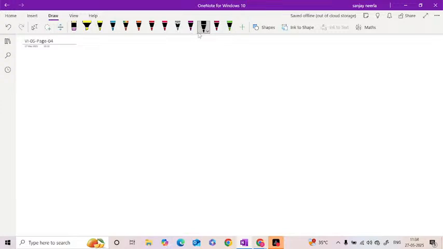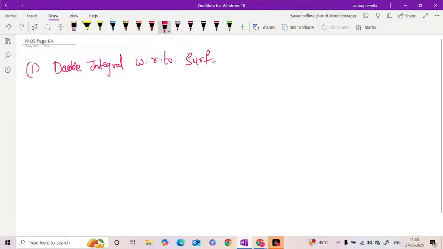The first problem, first type of problem: surface, that means double integrals with respect to the surface area.